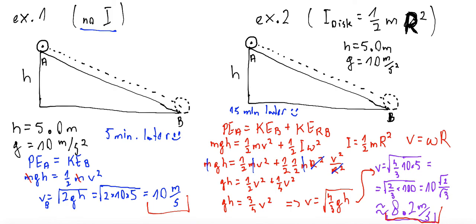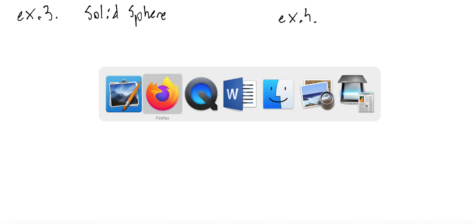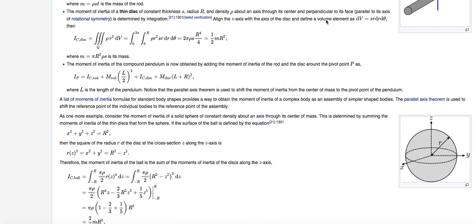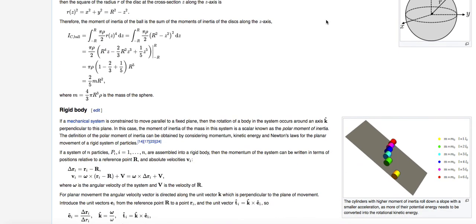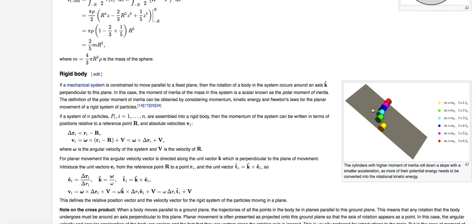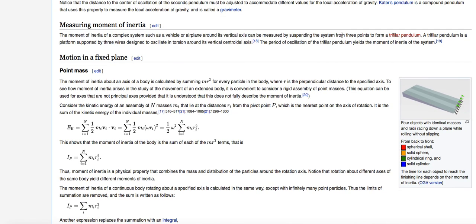So now your homework. Do exactly the same exercise, but in example 3, with a solid sphere. So find the moment of inertia of a solid sphere. And in example 4, do the same with the pipe or sphere which is empty inside, the spherical shell.